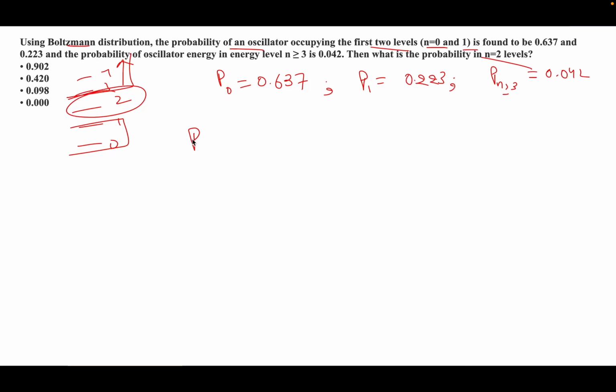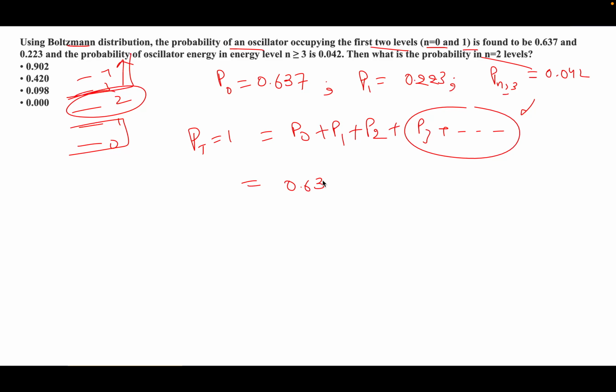We know that total probability is equal to 1, so that is equal to P0 plus P1 plus P2 plus P3 and so on. P0 is 0.637 plus P1 is 0.223 plus P2, and all the rest of the quantity is 0.042.